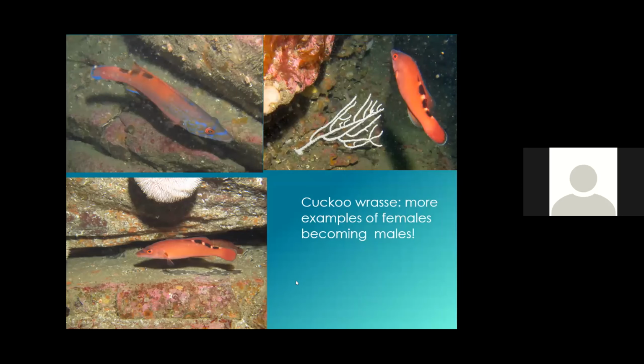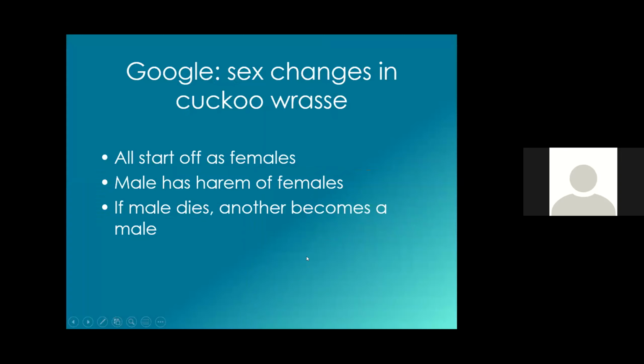Some summers there are more than others. This is a widespread thing in the wrasse family. So if you want to Google a bit more information on that, Google sex changes in cuckoo wrasse. Basically, if the male dies, another female becomes a male.